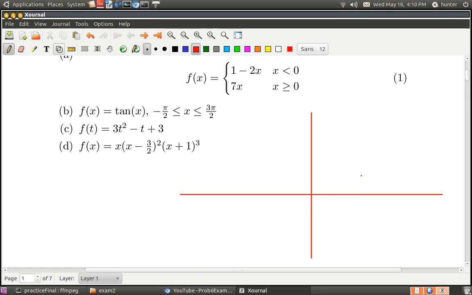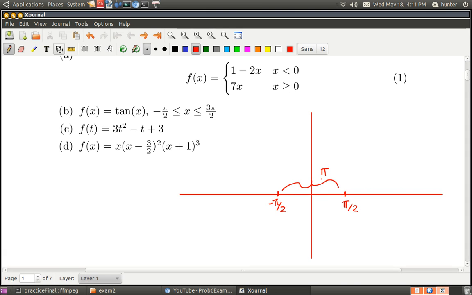So let me just start off drawing one period of tangent. As you know, or as you can figure out from the definition looking at a unit circle, the period of tangent is from pi over 2 to negative pi over 2. So in particular, one period of tangent is just pi.